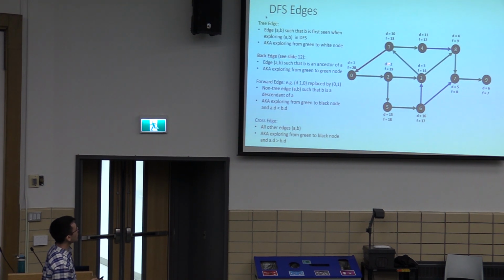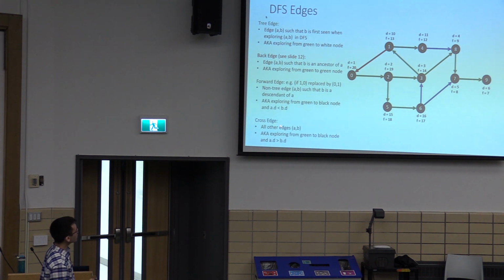This corresponds to if we have a non-tree edge such that, if we have an edge AB, B is a descendant of A, and by descendant I just mean that, for example here, 1 is a descendant of 0, okay? So if there happened to be an edge from 0 to 1, so if you flip this red arrow here from 1, 0 to 0, 1, this would actually correspond to a forward edge.